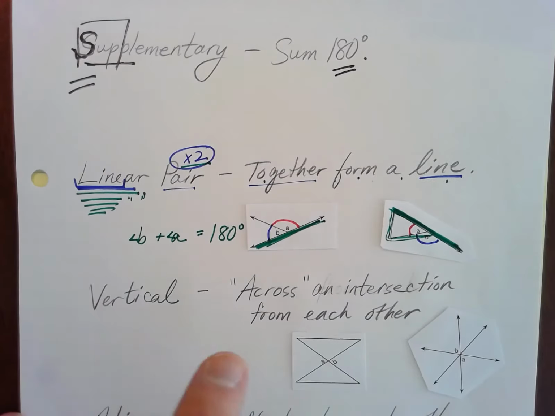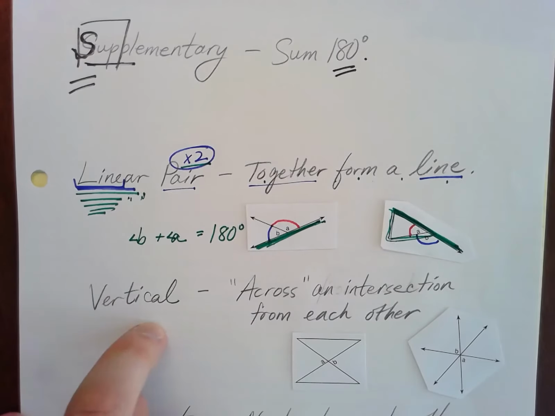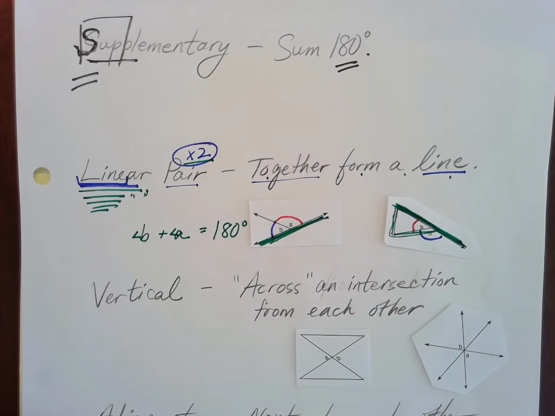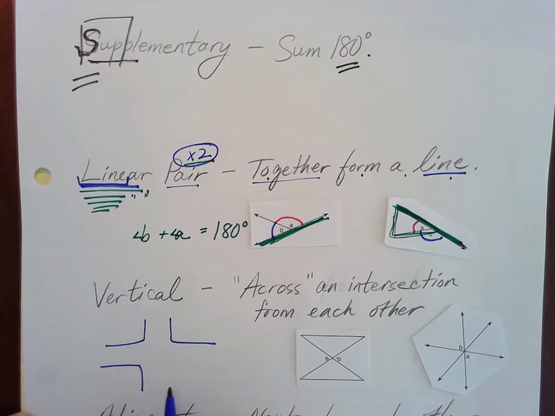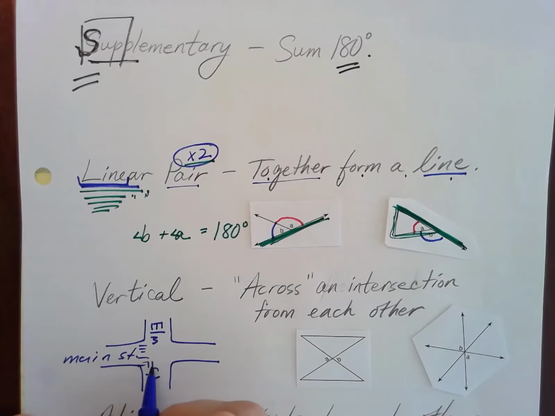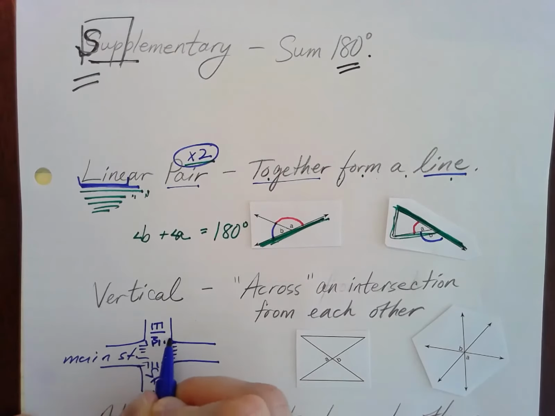Okay, vertical angles, and this is one that you're going to hear me use a lot, so please pay attention to this. Vertical angles are across an intersection from each other. So if you think about a road intersection, and I have Main Street coming this way, and Elm Street going this way, and you have the crosswalk here, here, here, and here.